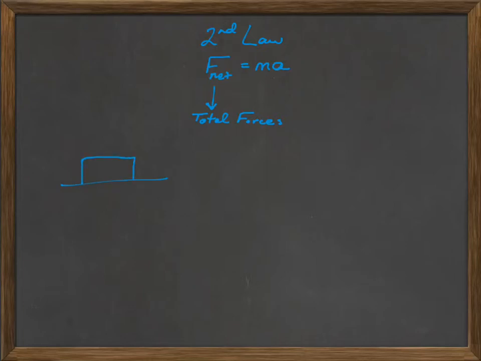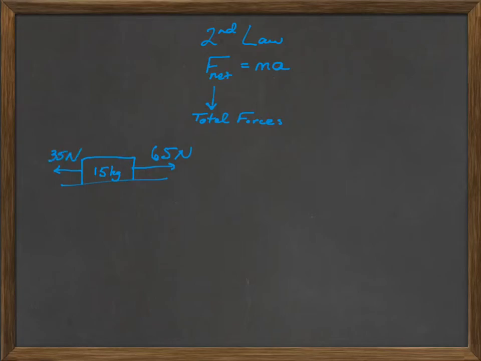The quick way to do this would be if I had a box of, say, 15 kilograms, and I apply a force in one direction of, say, 65 newtons, and then 35 newtons in the other direction.